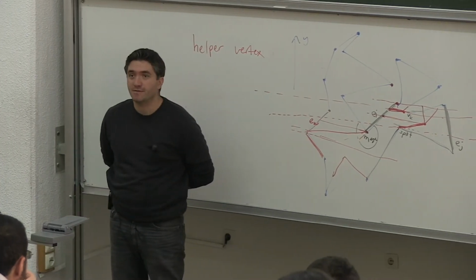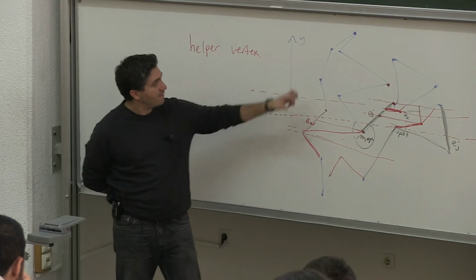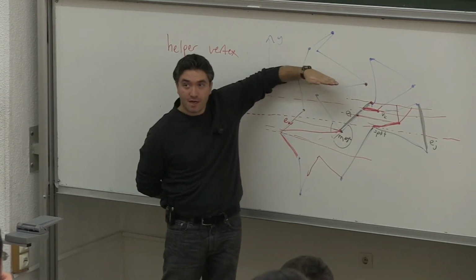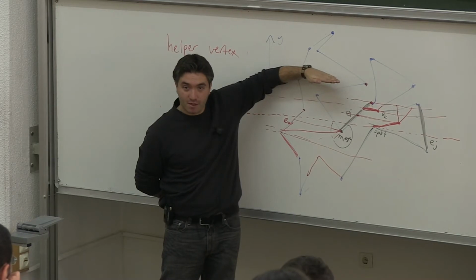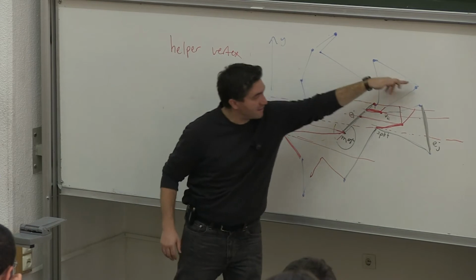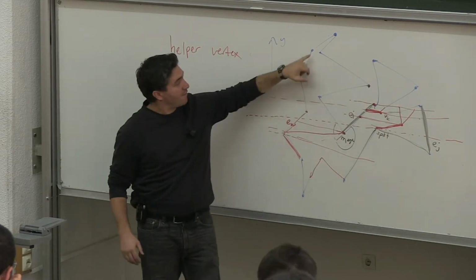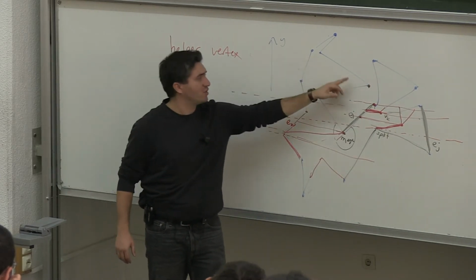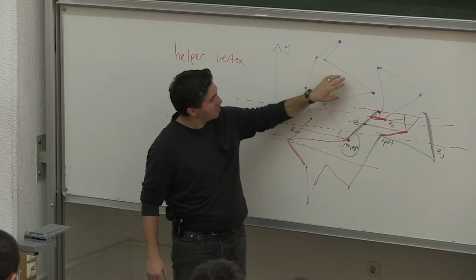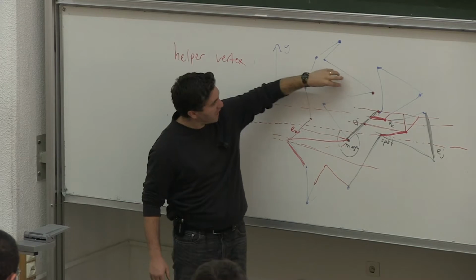During the plane sweep, we maintain which edges intersect the sweep line, and we put them in a balanced binary search tree. We also don't need to store the edges where the polygon lies to their left.